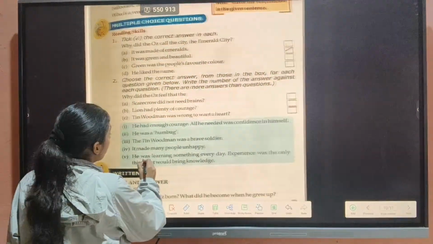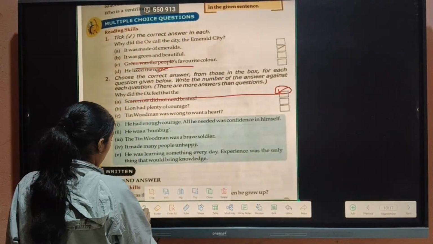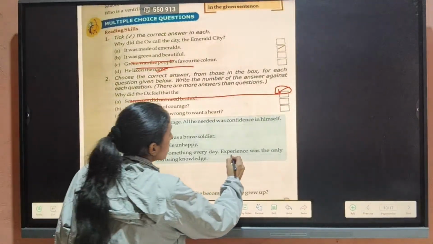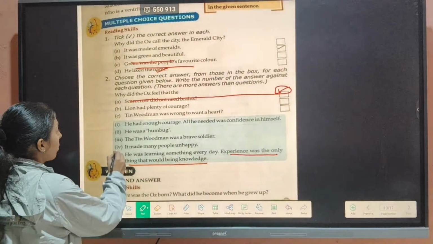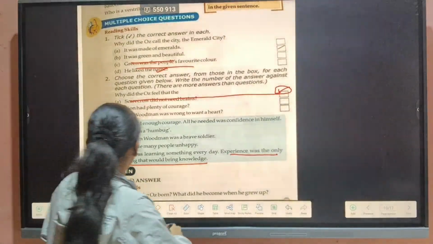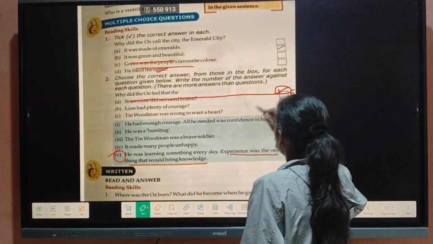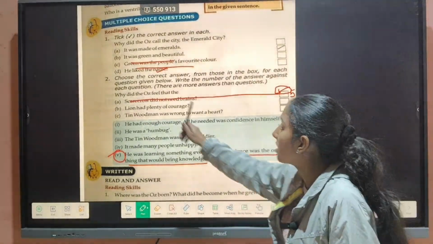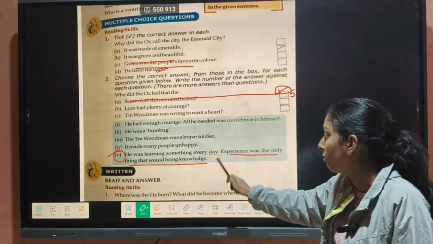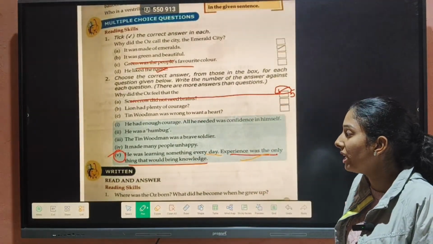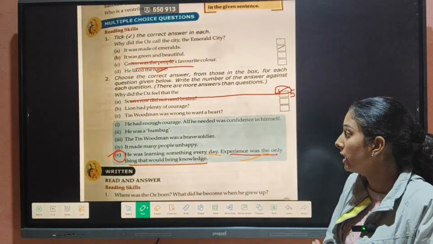Because he was learning something every day. Experience was the only thing that would bring knowledge. So which option is correct? Fifth one. So write 5 in this box. Okay. Scarecrow did not need the brains because he was learning something new every day and experience was the only thing that would bring knowledge.